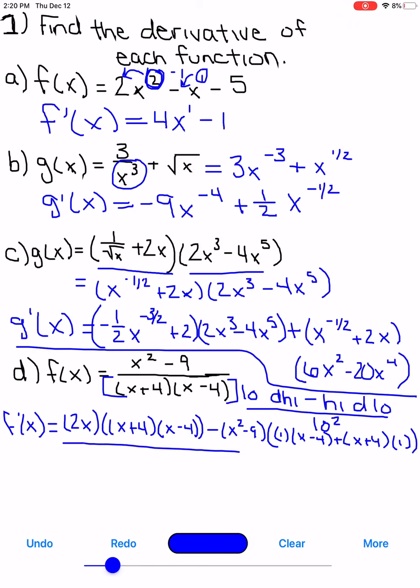And then to finish off the quotient rule, we put it all over the bottom squared. So we will have x plus 4, x minus 4 squared. And that completes parts A through D for part number 1.